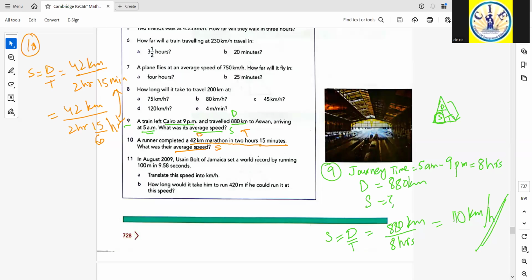That is 15 divided by 60, which is 0.25. So 42 kilometers divided by 2 hours plus 0.25 hours, which is 2.25 hours.